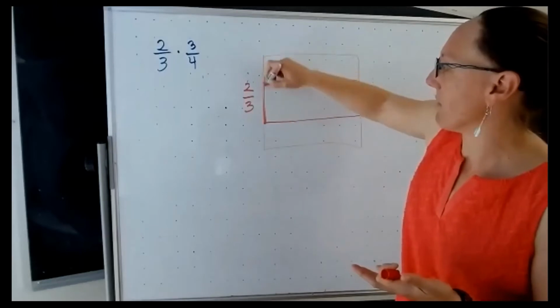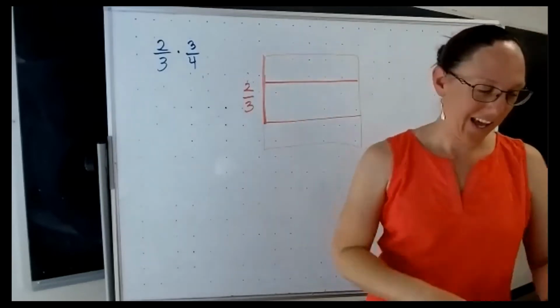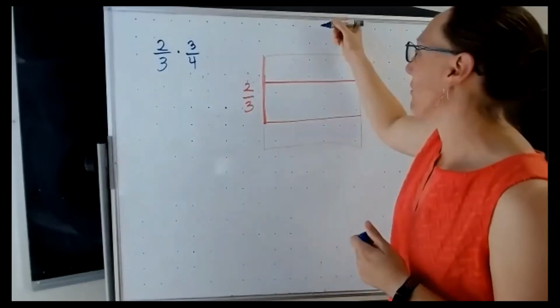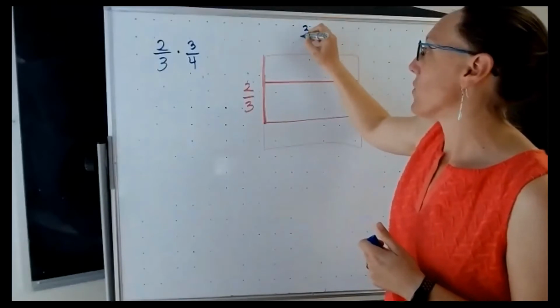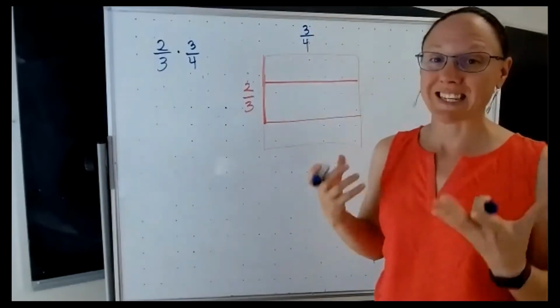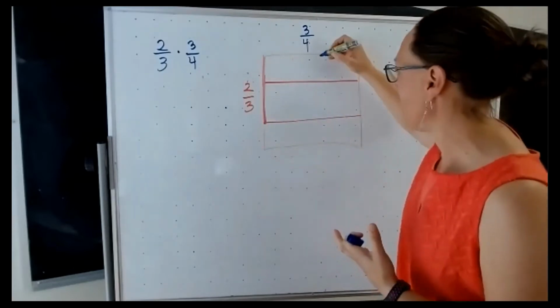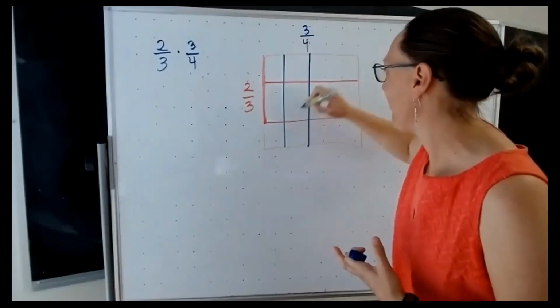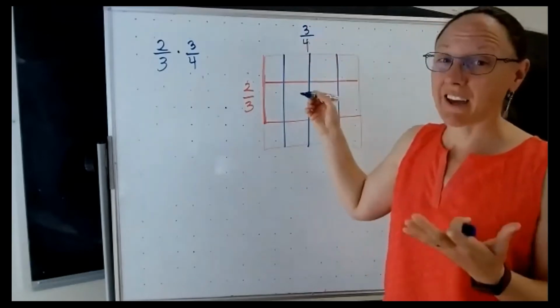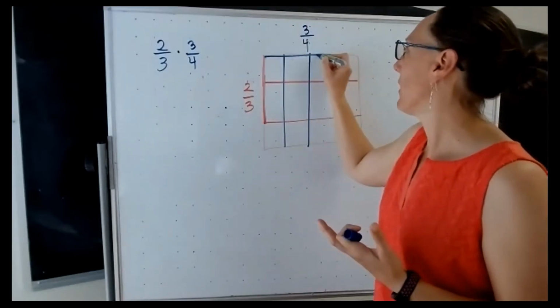And I'm going to take 2 of them. And then in the other direction, I've got 3/4. So again, the denominator tells me the size of the thing. So I'm going to cut this into fourths. And I'm going to take 3 of them.